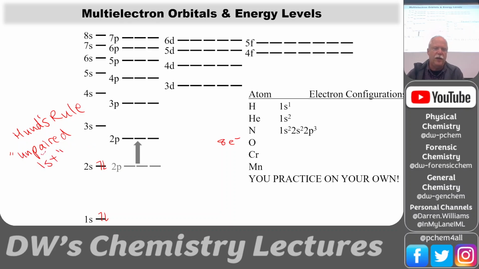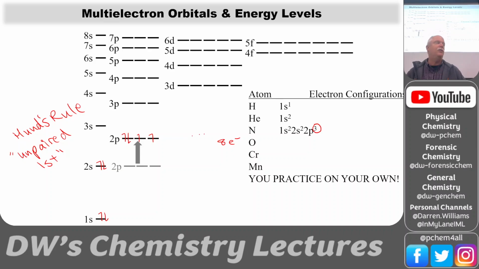So I'll just simplify it. Unpaired first. So you put them in the orbitals unpaired first. So we did 4. So we got 5, 6, 7. So you see how we put all of them up. So that would be the electron configuration for nitrogen. We have the 3 electrons in the p orbital. But then with oxygen, we have 1 more. We have 8. And so we've got to pair 1 up.